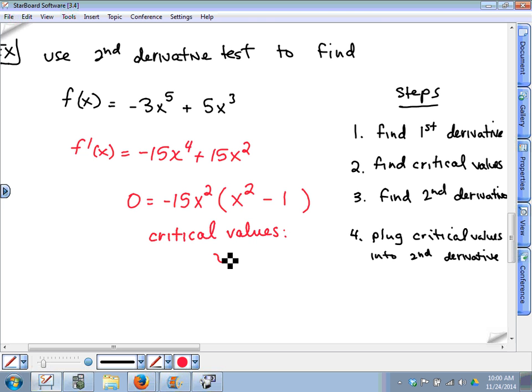So the critical values are x equals plus or minus 1, but there's another one from right here, negative 15x squared, that equals 0 when x equals 0. So we have three critical numbers: plus minus 1 and 0.